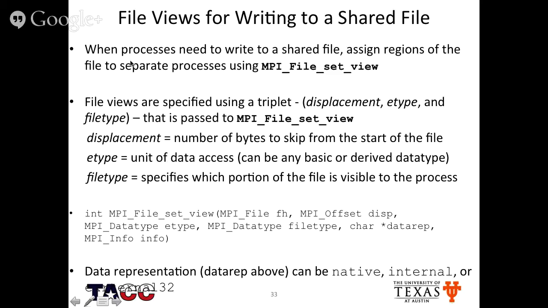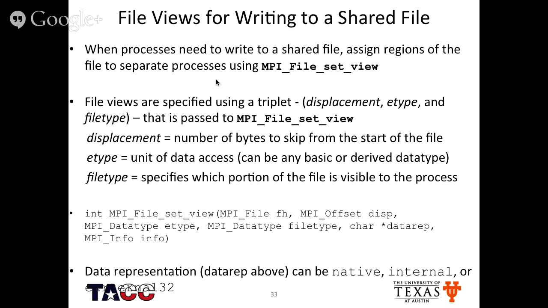When we have processes that need to write to a shared file, we assign regions of the file to separate processes using MPI file set view, and we have already used that with the writer that we had. There were a few arguments in there that I told you I will come to soon. File views are specified using a triplet: displacement, etype, and filetype.